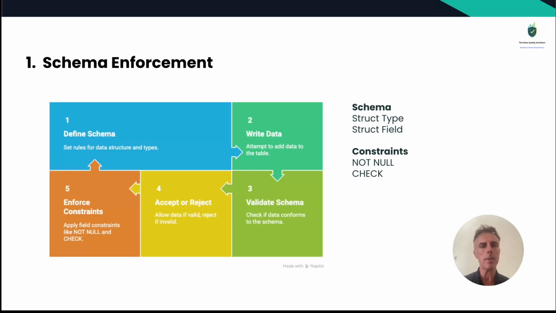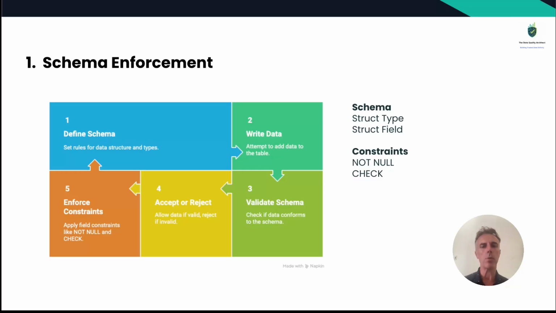You define the schema in PySpark using StructType and StructField from pyspark.sql.types, which we will use later in the Databricks demo, so don't worry about that now. If you violate the schema rules, Delta Lake will reject the write operation and throw an error. This enforcement prevents bad data from polluting your data lake, ensuring that your data remains consistent and reliable.